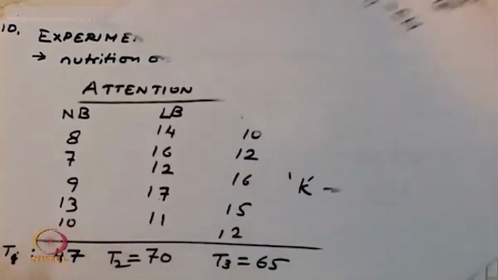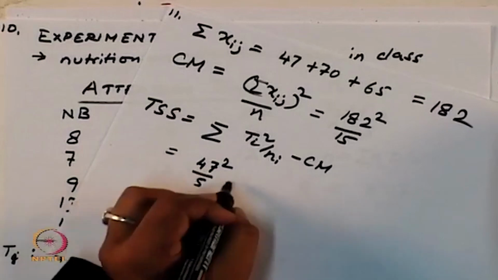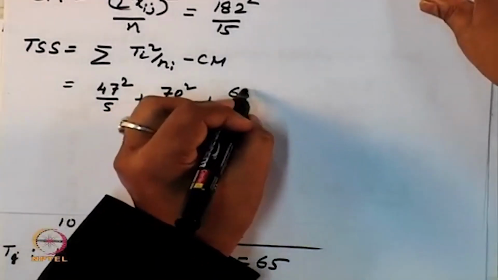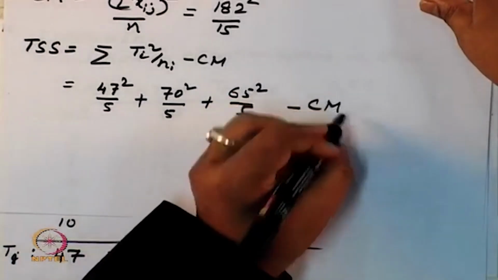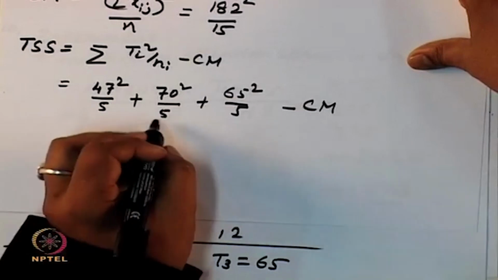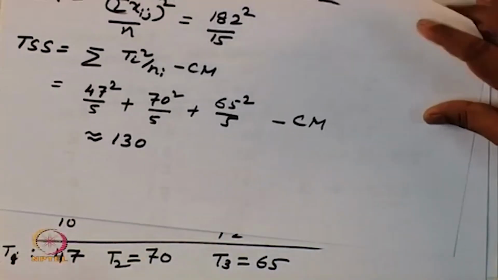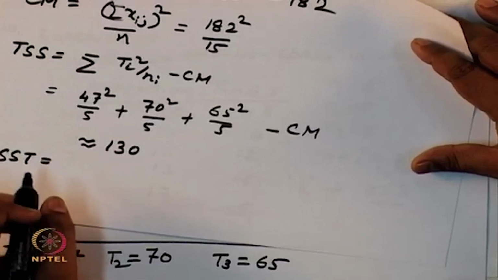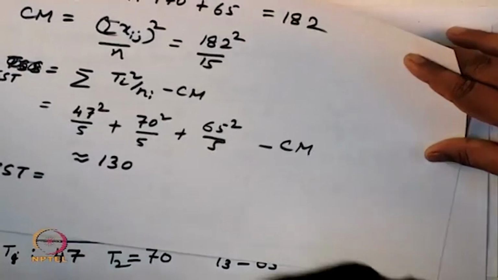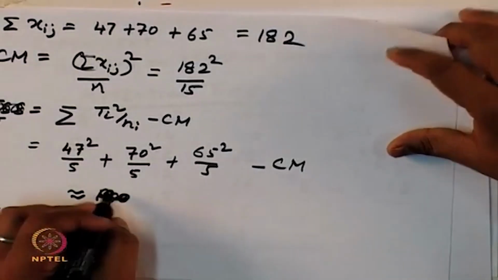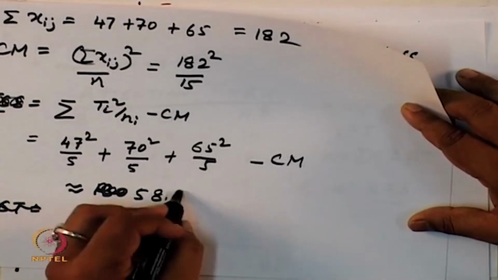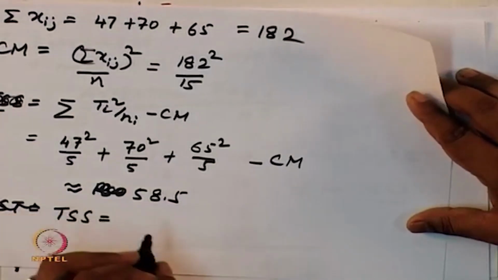So, which you can calculate as 47 square by 5 plus 70 square by 5 plus 65 square by 5, minus C m, and SST will give you a value of roughly 58.5.